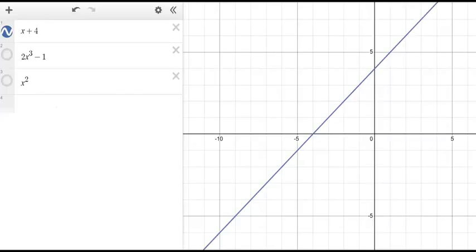Look at what one-to-one means graphically. Let's look at this function x plus 4, which we found its inverse function, which was x minus 4. We can see that this is a function because it passes the vertical line test on the graph, right? That means that every vertical line I draw will only pass through the function one time.